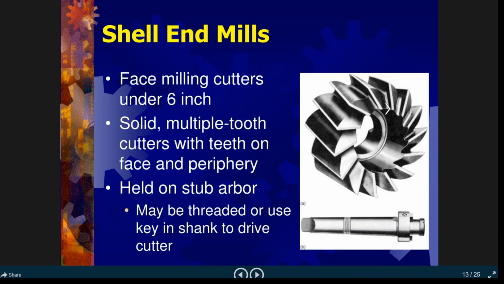This is comparatively smaller; that is the difference. The diameter of the milling cutter is smaller. This is used for making pockets in a metal or for getting a cavity. For example, for machining a mold cavity, you can use this type of end milling cutter. The cutting action will be from the periphery as well as from the face. This is also used in the vertical milling machine where the spindle is vertical.